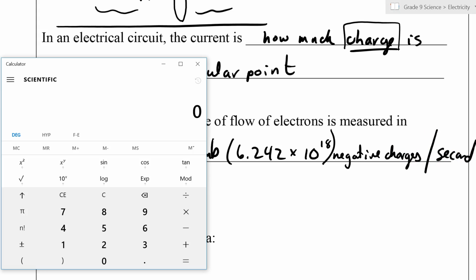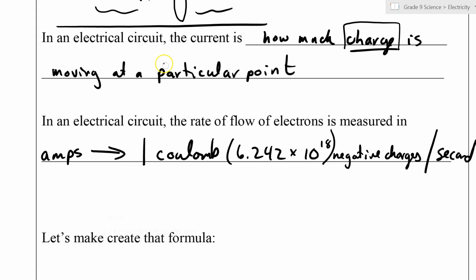Sometimes when it's in scientific notation like that, it's really hard to appreciate how huge this number is, but let's do it on the calculator. 6.242 times 10 to the power of 18. Whoa! That means 6,242,000,000,000,000,000 negative charges per second, people! Per second! That's huge.